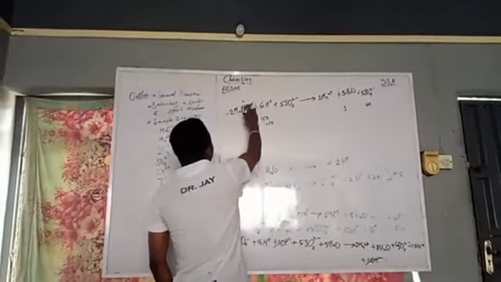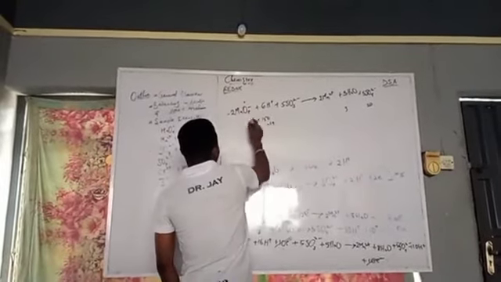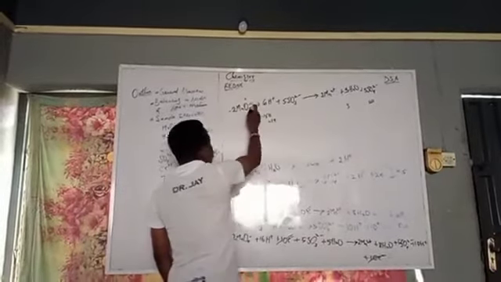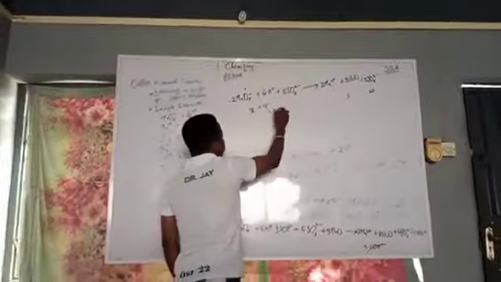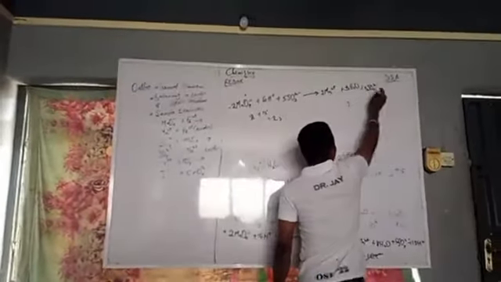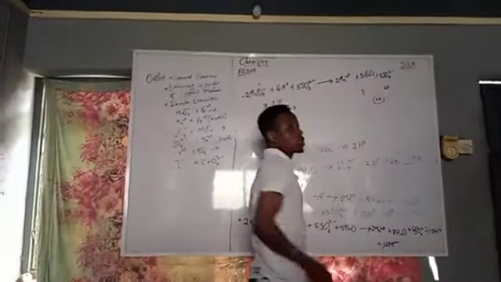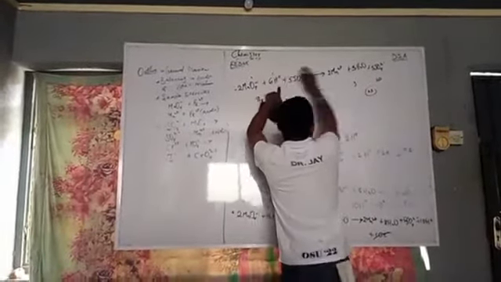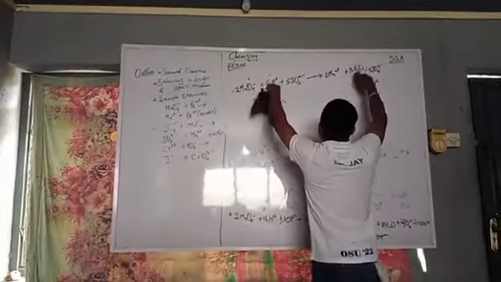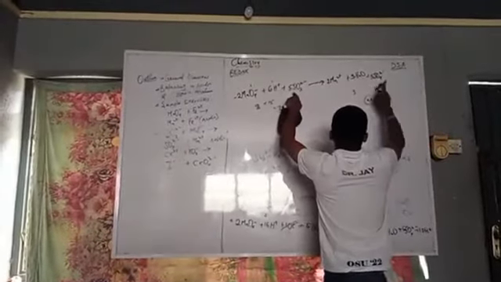Oh, sorry, 2 times 4 here, that's 8 oxygen, and then you have 15 here. That is what? 23. And this end, you have 3 plus 20, that's also 23. So the oxygen is balanced, the manganese is balanced. And for your hydrogen, you have 6 hydrogen, 3 times 2, that's also 6. You have your S, 5 S, you have 5 S.